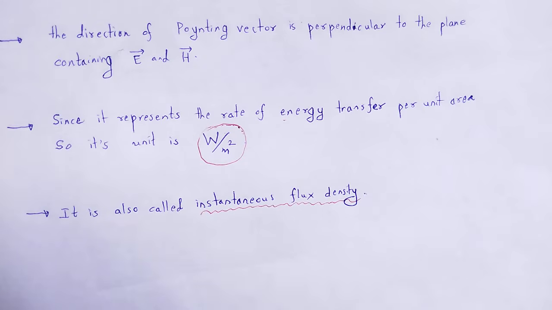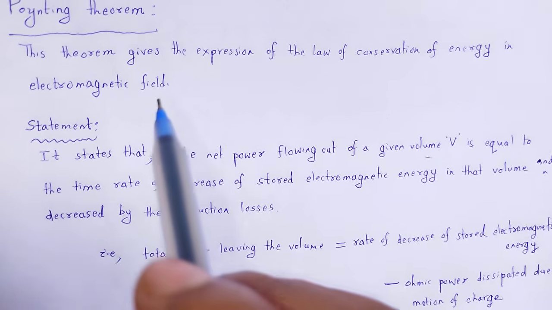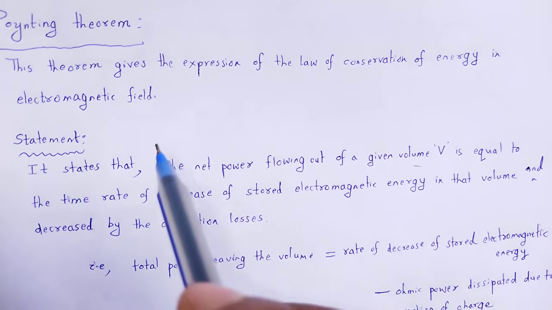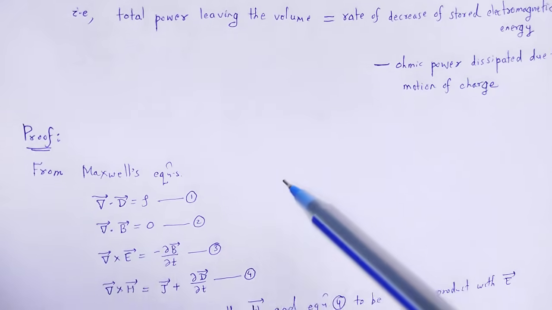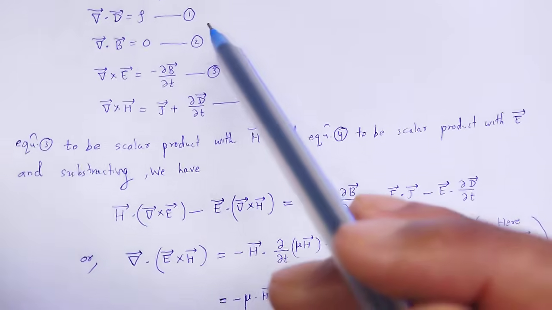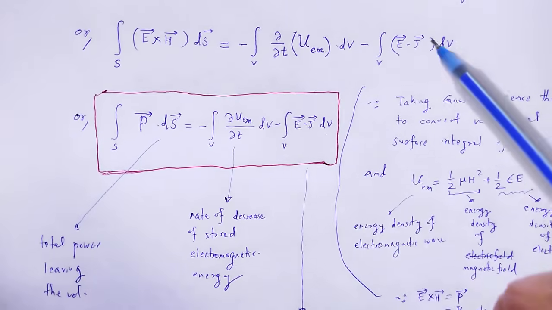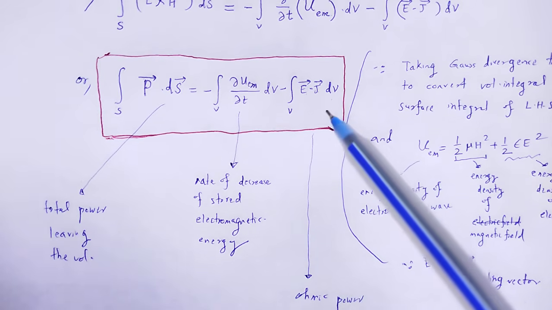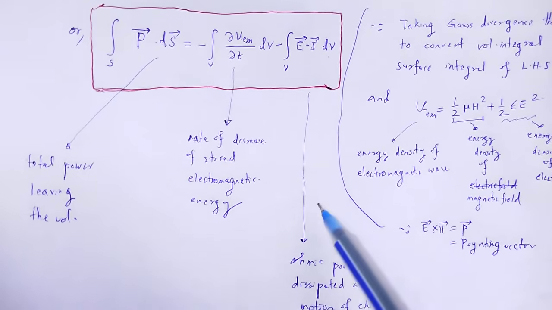By using that Poynting vector we understood Poynting theorem, which is the conservation of energy law in case of electromagnetic theory, the statement of Poynting theorem, and we proved that statement by using Maxwell's equations. This is mathematically shown, the physical meaning of Poynting theorem.